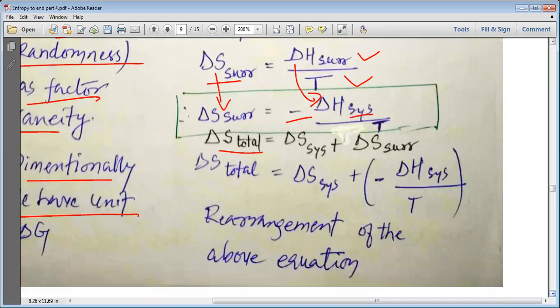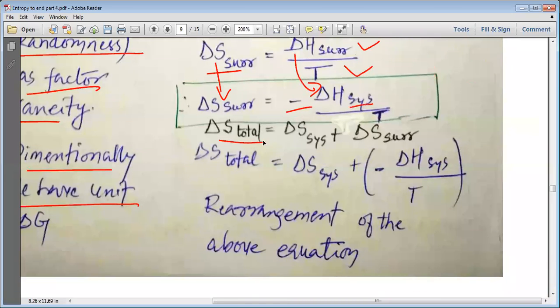Now we have the equation delta S total is equal to delta S system plus delta S surrounding. For delta S surrounding, we can write this particular formula. So for delta S surrounding, we have written minus delta H system by T, and we already have delta S system here.